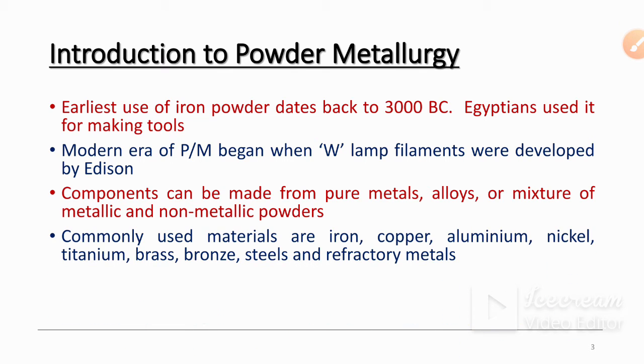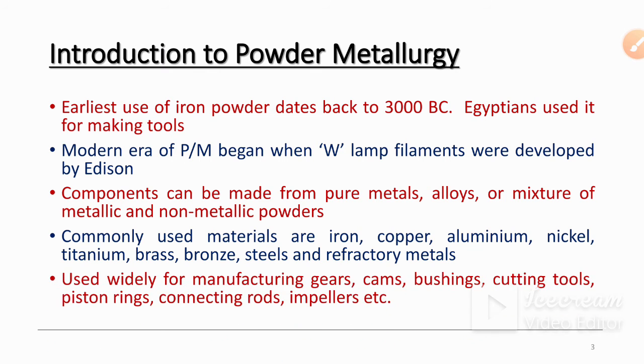Commonly used materials are copper, iron, aluminium, nickel, titanium, brass, bronze, steels and refractory metals. It is used widely for manufacturing gears, cams, bushings, cutting tools, piston rings, connecting rods and impellers.